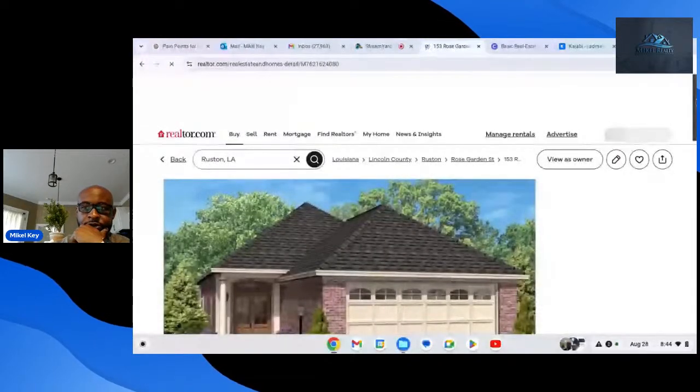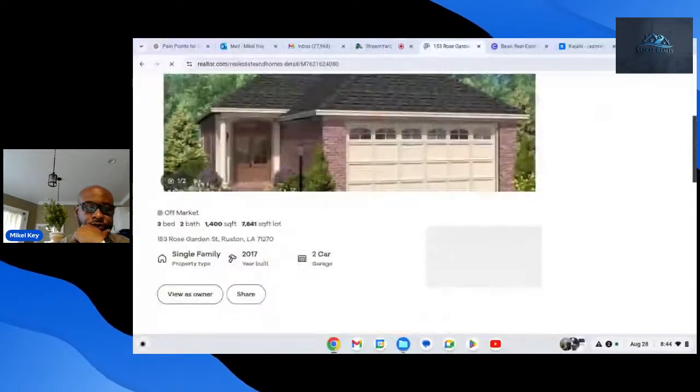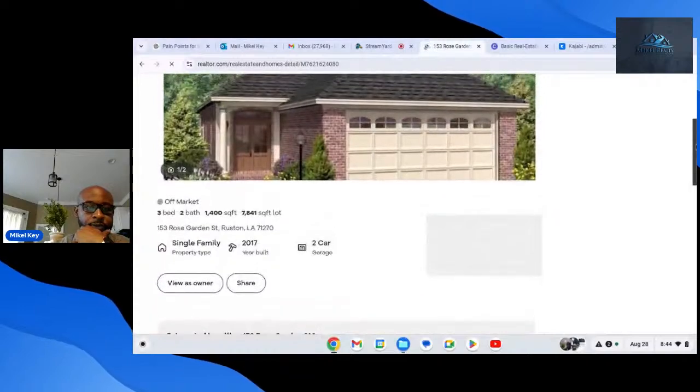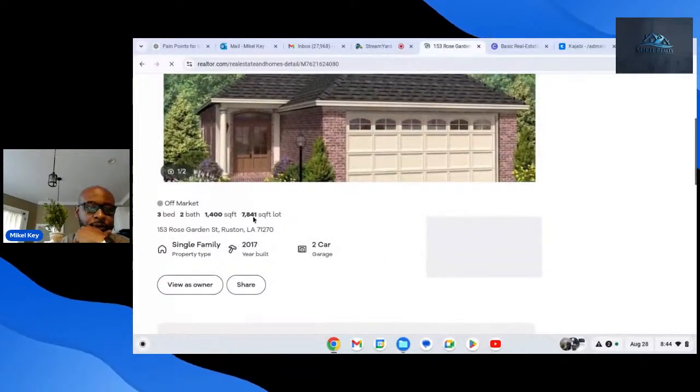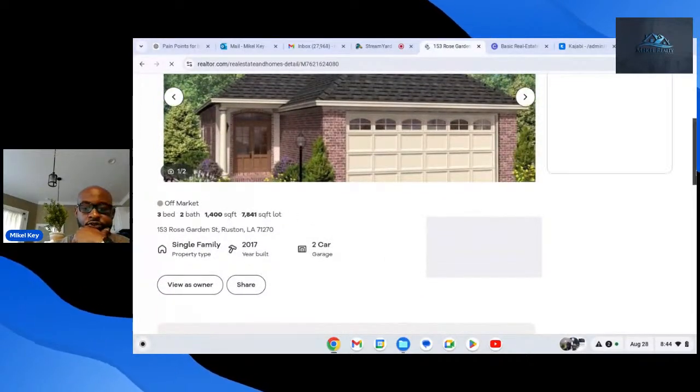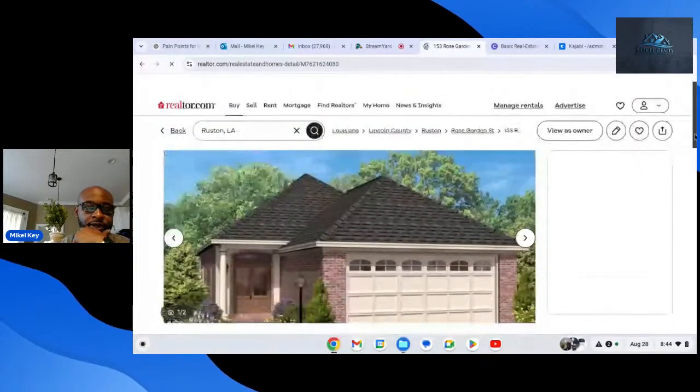All right, so here's 153 Rose Garden Street, an off-market property, 3-bedroom, 2-bath, 1,400 square feet. And this is on realtor.com, guys.